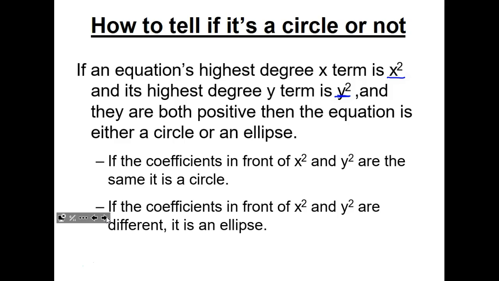If the coefficients are the same, it's a circle. If the coefficients are different, it's an ellipse, which you'll look at on the video tomorrow. So the ellipse we'll look at tomorrow. But right now, if something is a circle, then we're going to have an x squared, a y squared, and their coefficients are going to be the same. Okay. So let's see what this is going to look like.